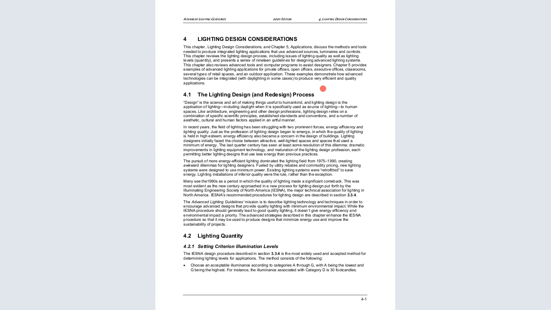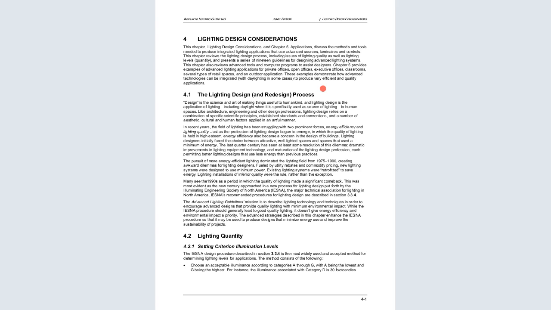So we have the lighting design and redesign process. Design is the science and art of making things useful to humankind. Lighting design is the application of lighting, including daylight when it is specifically used as a source of lighting, to human space.